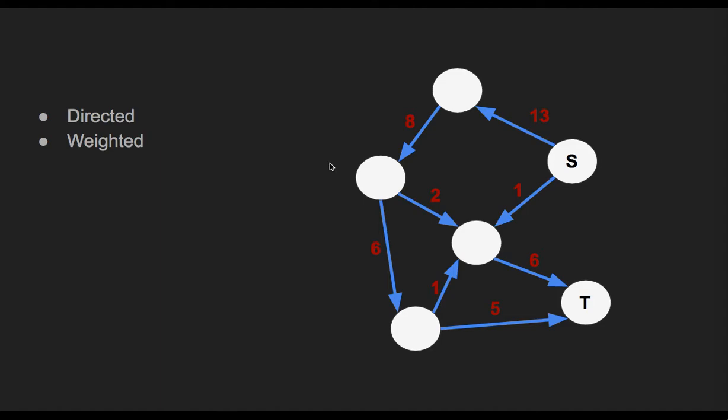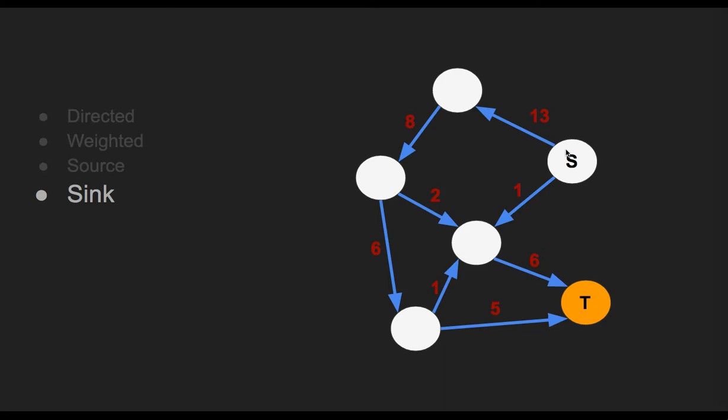The other thing about max flow graphs is they have what's called a source, denoted with an S, and a sink, denoted with a T. Generally speaking, the source only has arcs going out of it, whereas the sink only has arcs coming into it.